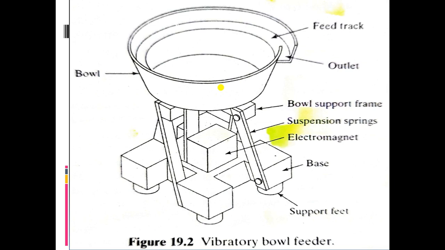Incorrectly oriented parts are rejected back into the hopper. Incorrectly means those which are not correctly oriented, those parts will be sent back into the hopper. So this orienter is a device that allows properly oriented parts to pass through.